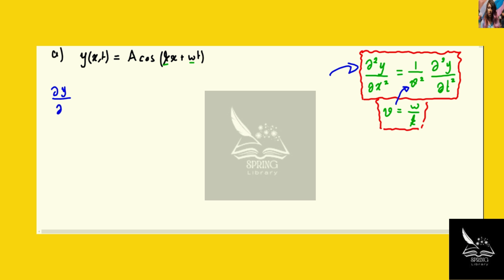So the spatial derivative is equal to minus a k sine(kx plus omega t).